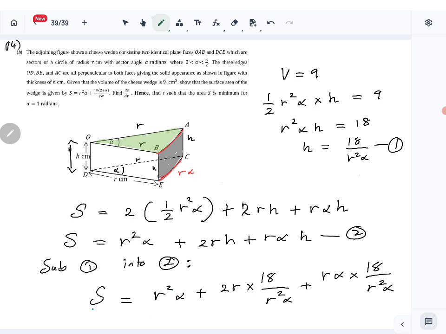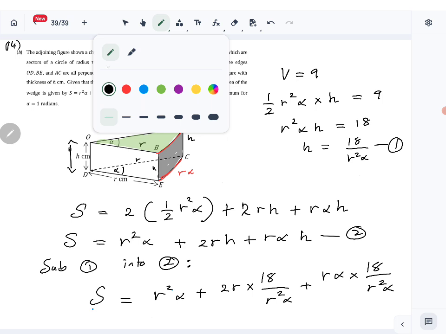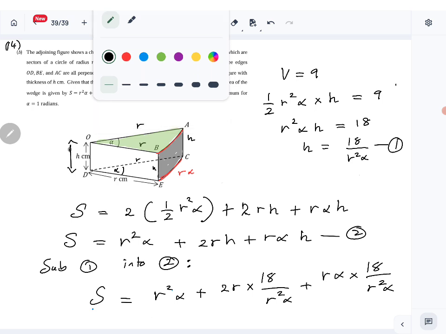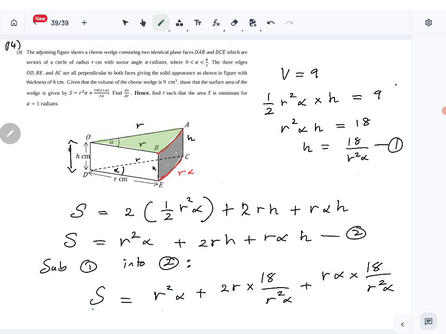So then simplify and look at the answer and simplify, then it is easy. The r squared alpha term we already have. The other two terms have been combined using r alpha as the common denominator. So I will just cut r here, leave the alpha here.